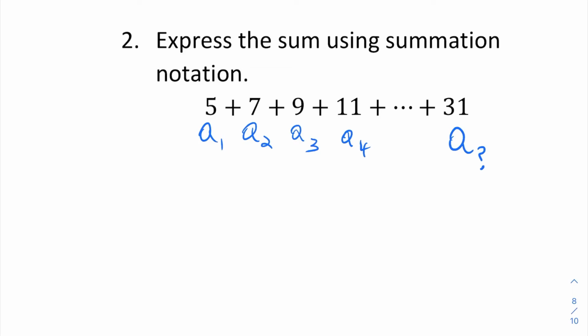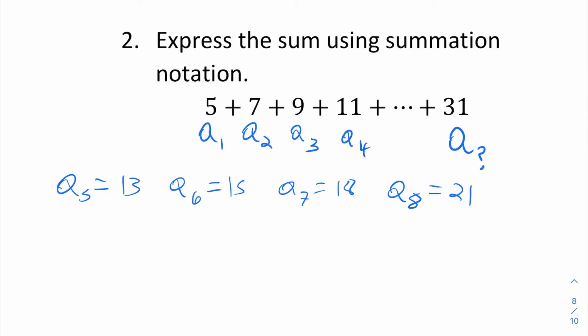So if you continued in this fashion, you could see what the other terms were. So for instance, after 11, a5 then would be equal to 13. a6 would be equal to 15. a7 would be equal to 18. a8 would be equal to 21.